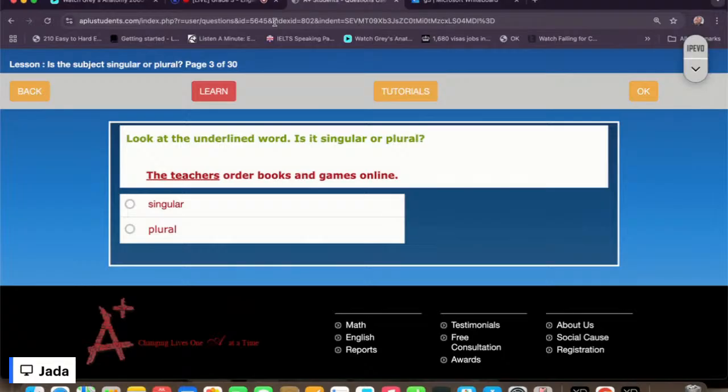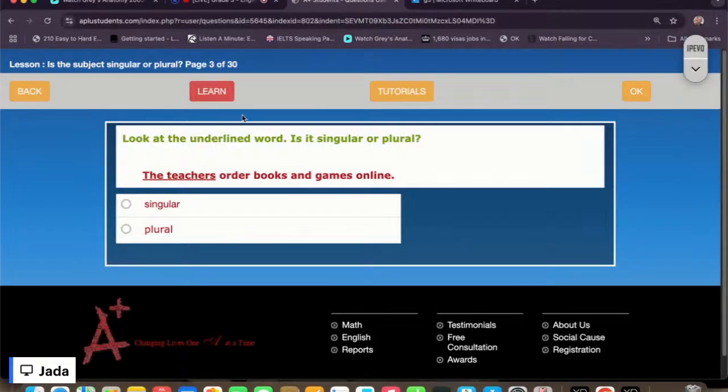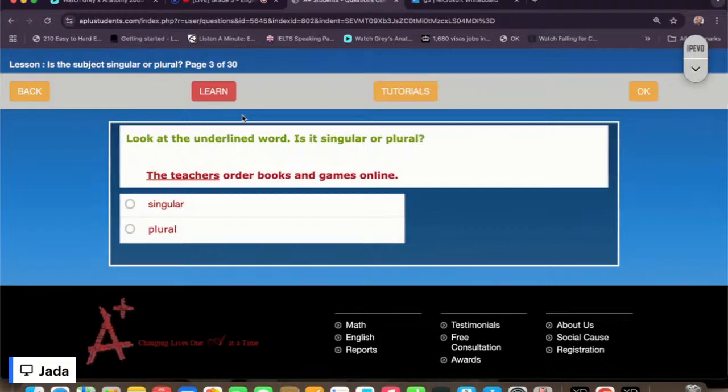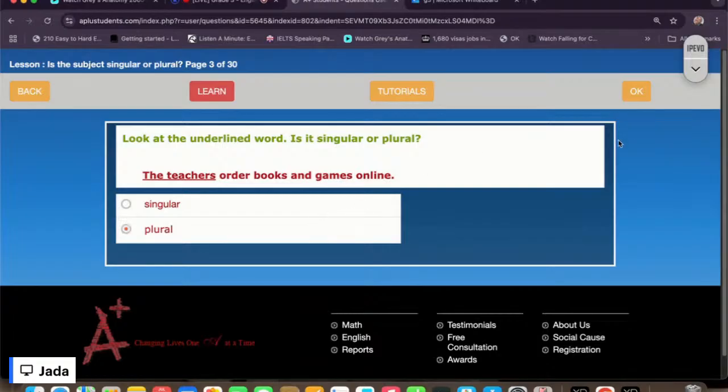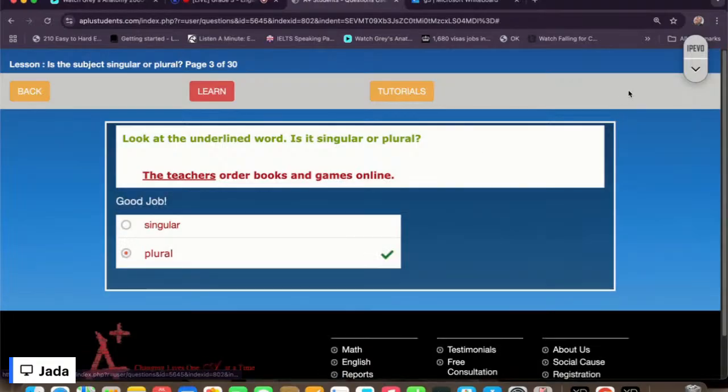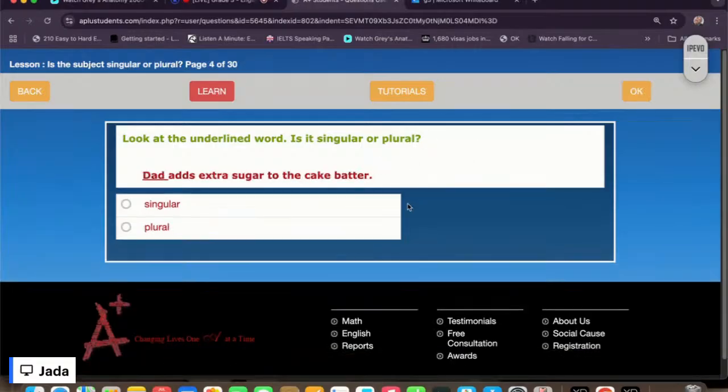Plural. Okay. "That adds extra sugar to the cake batter."